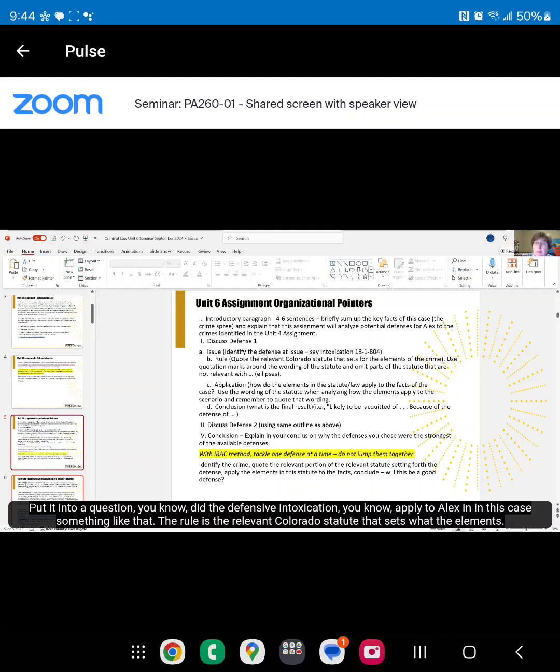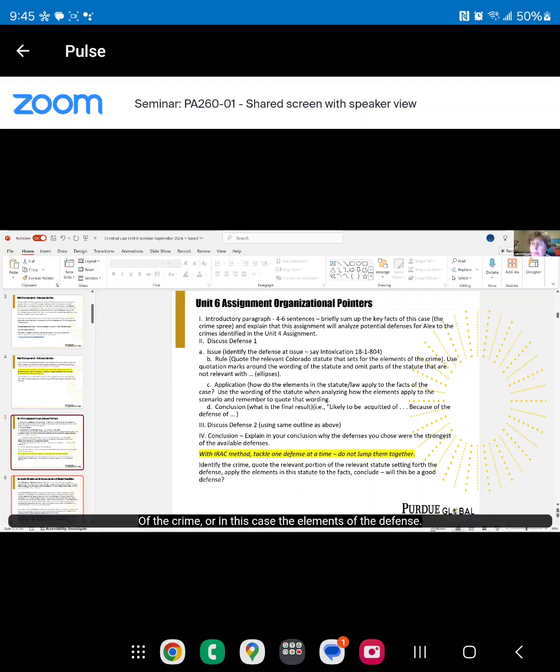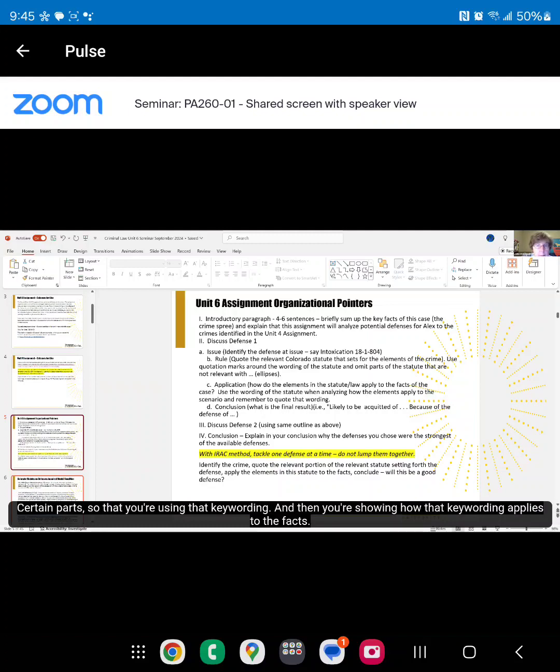The rule is the relevant Colorado statute that sets forth the elements of the crime, or in this case, the elements of the defense. And it is better to use that actual wording of the statute, not the whole thing, but certain parts, so that you're using that key wording and then you're showing how that key wording applies to the facts.